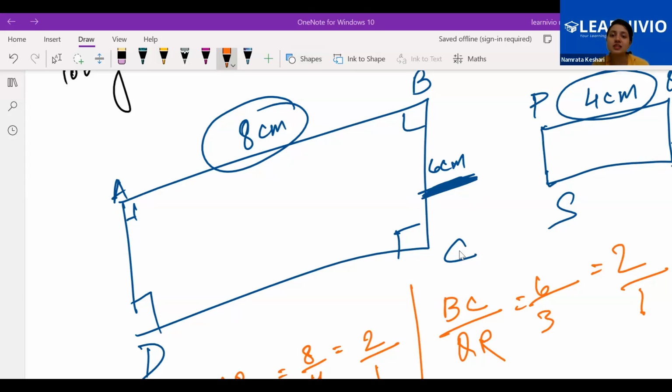What will be CD? Seriously? 8 centimeters. Exactly. Why so much confusion? AD is 6 centimeter and CD is 8 centimeter. If ABCD is a rectangle, AB is 8 centimeter, BC is 6 centimeter, CD will be what?